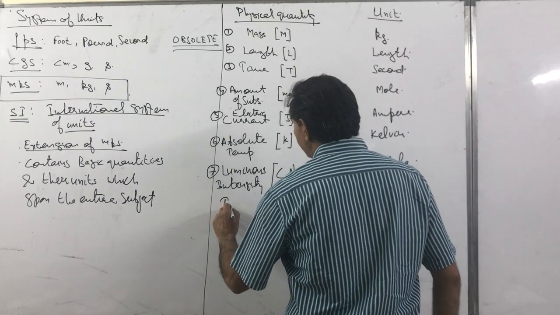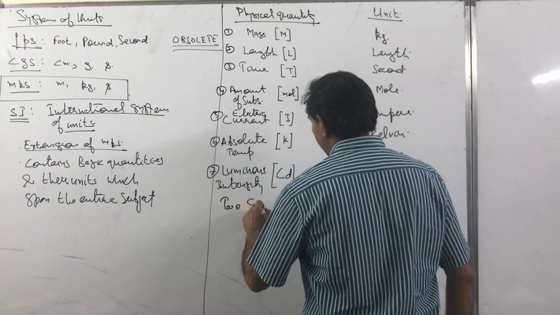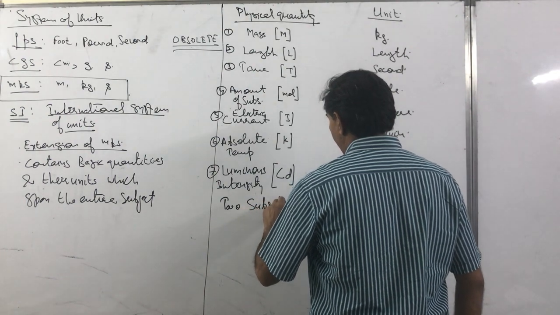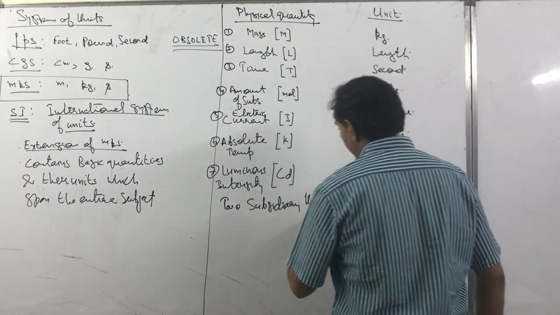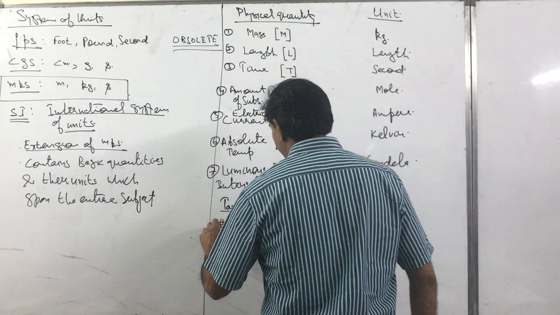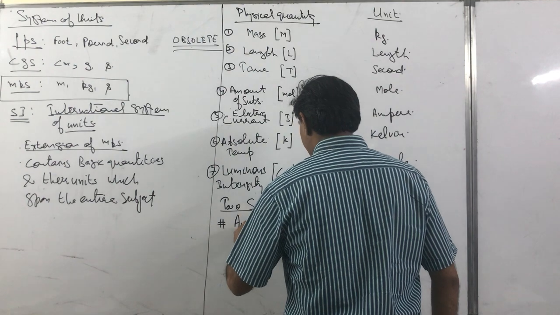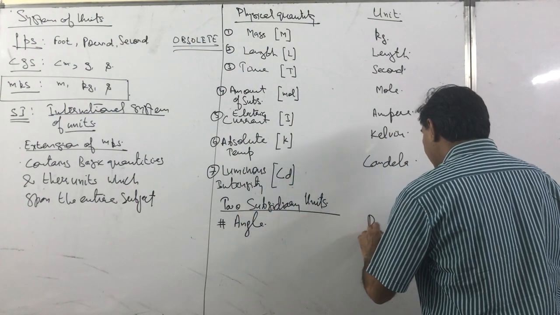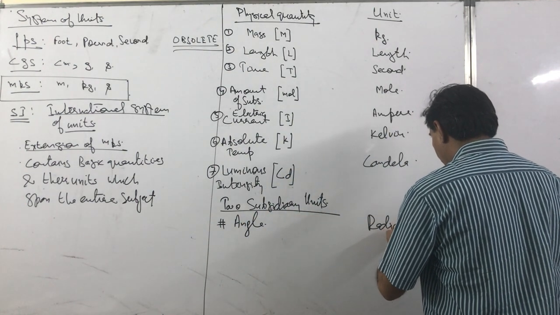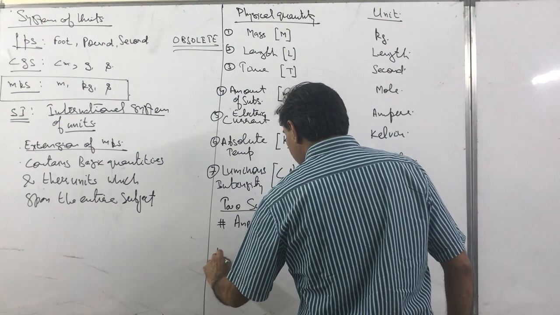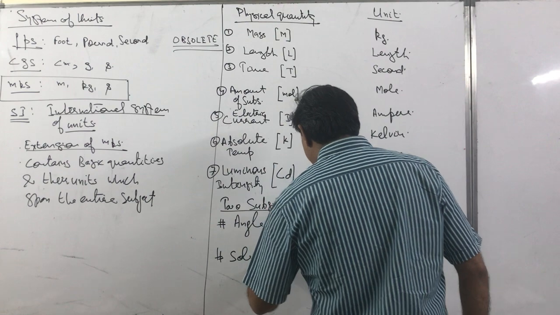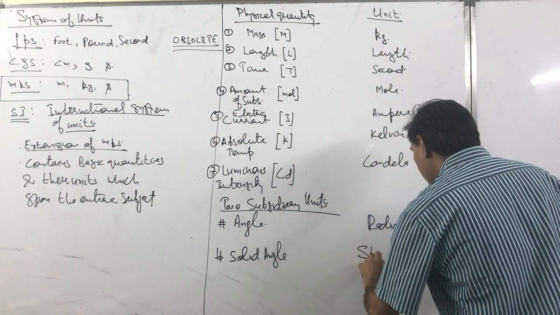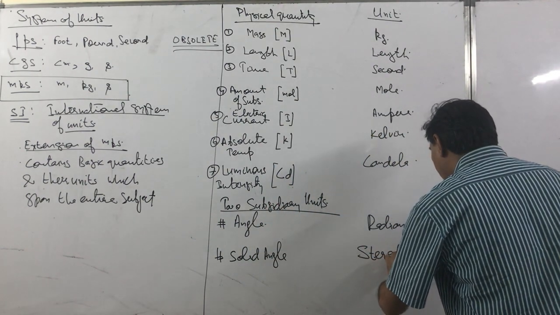We have 2 subsidiary units. Number 1, angle. Its unit is radian. Solid angle. Its unit would be steradian.